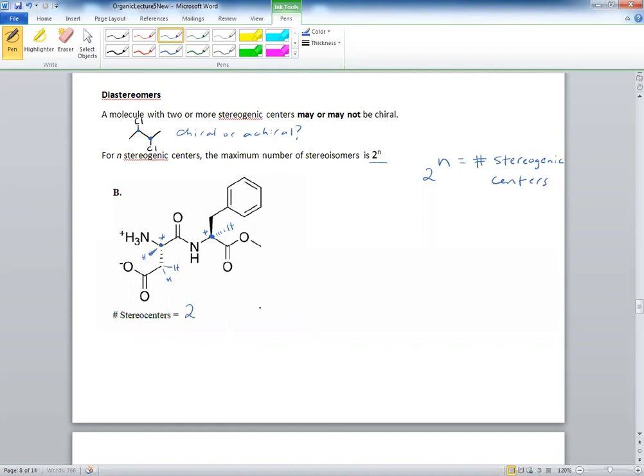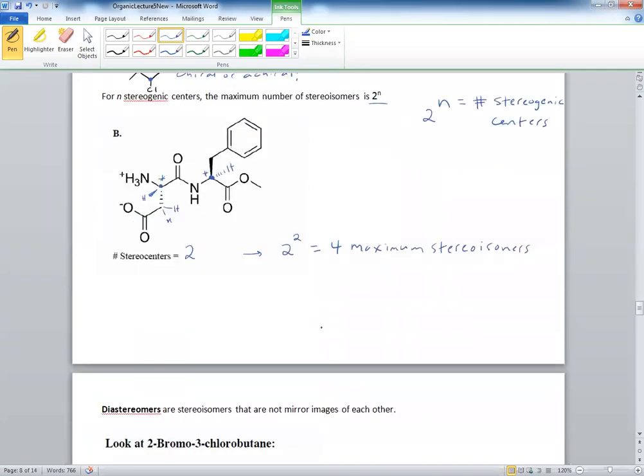How many stereoisomers can you have? Well, you would say 2 to 2, and that would be 4 maximum stereoisomers, which could be enantiomers and diastereomers. So be able to trace where they are.